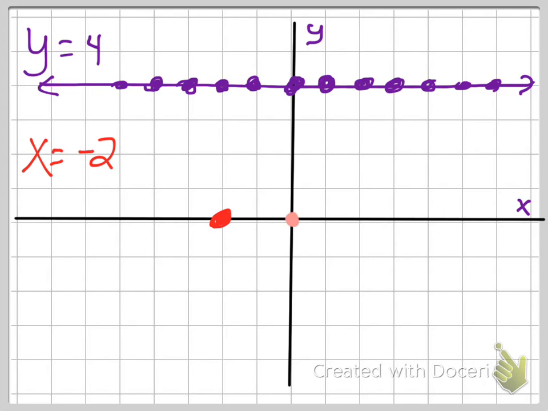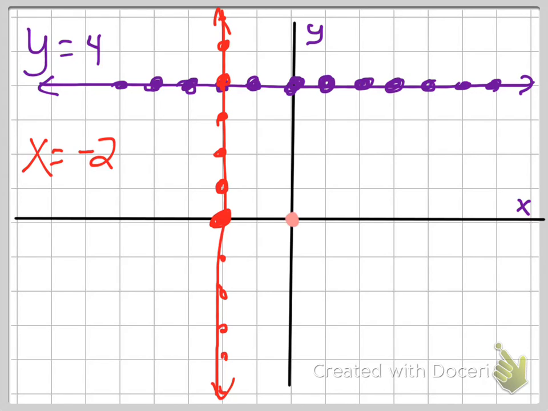Doesn't matter what y is. X equals -2 here, x equals -2 here, x equals -2 here, x equals -2 here, and here, all the way up and down. Now, I have, not a beautiful straight line, but I have a vertical line.